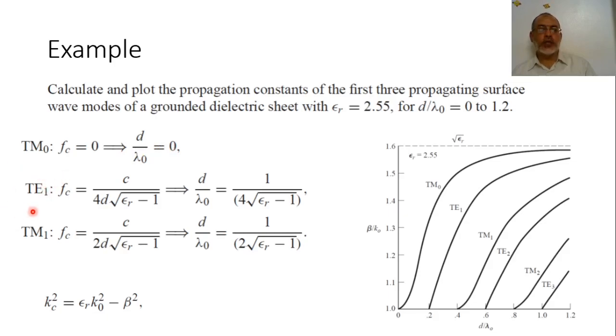For the transverse electric 1 mode, the cutoff frequency equals c over 4d square root epsilon r minus 1, which was already (2n minus 1) multiplied by c over 4d, and here n equals 1, so it is c over 4d.